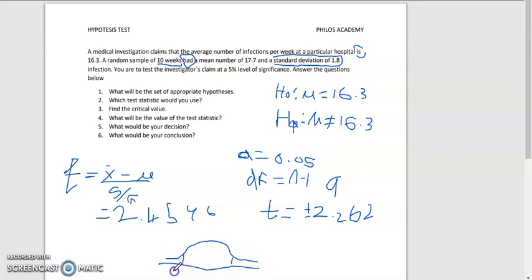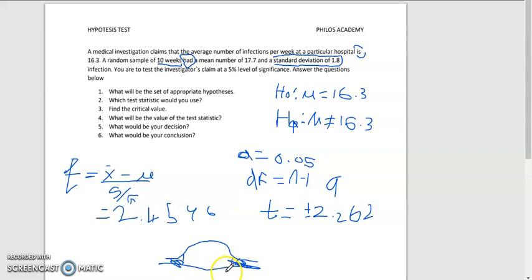This place will be negative 2.262, isn't it? And this place will be positive 2.262. This area will be called the region of rejection, this shaded area. And here too will be region of rejection.